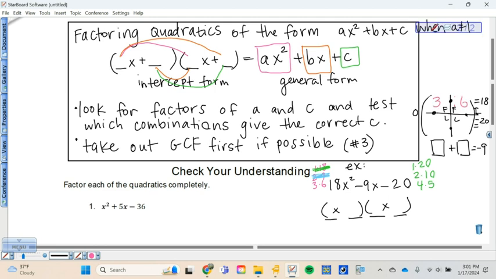So if I use 3 and 6, what green pair do you think I should use? 4 and 5? I've got 12 and I've got 30. That doesn't get me there. What about the other way around? 5 and 4. What's 3 times 5? And 6 times 4 is? Can I use 24 and 15 to get to negative 9?